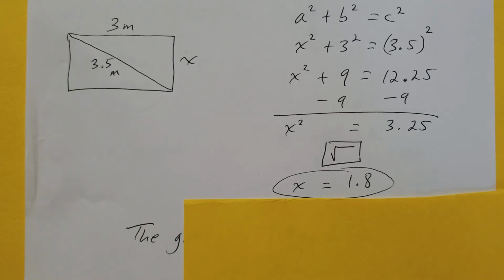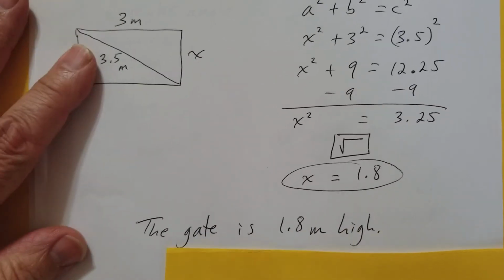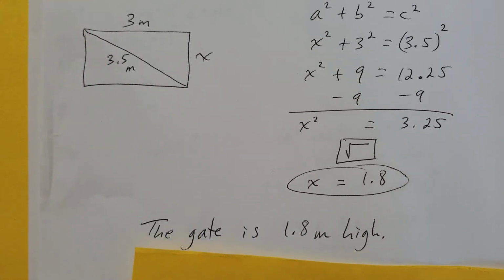In other words, the answer should fit the question. There was no x in the word problem. The word problem did not ask to find x, right? The word problem asked about the gate. So we have to say the answer is the gate is 1.8 meters high.